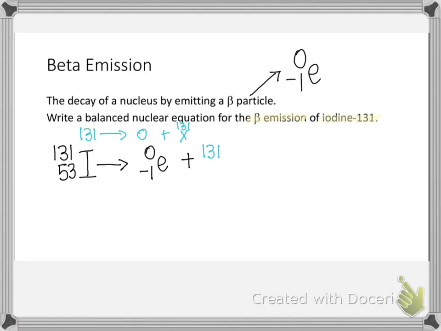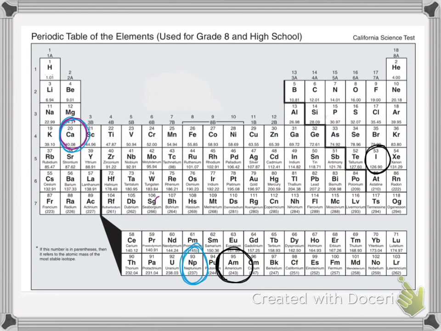Then I go to the bottom number. This number is 53. On this side, there's a -1 plus some number, so it's like subtracting 1. So this would be 54, right? 54 plus a -1, or 54 minus 1, is 53. So this is 54. Now I'm going to go to the periodic table to figure out which one it is. 54, xenon, right next to it, which makes sense.